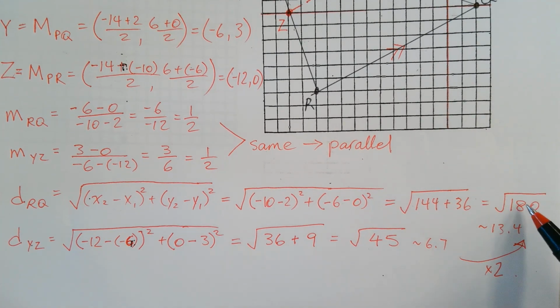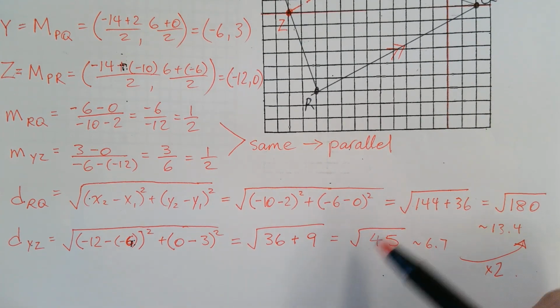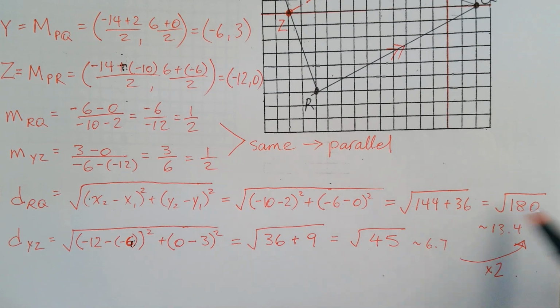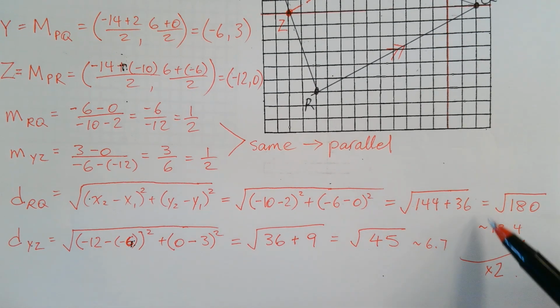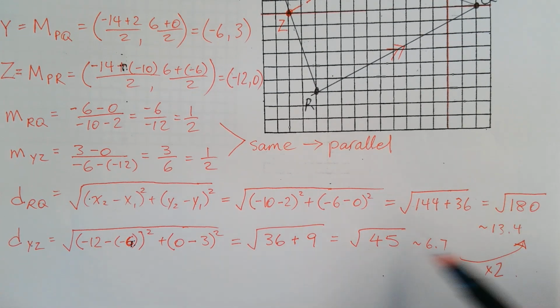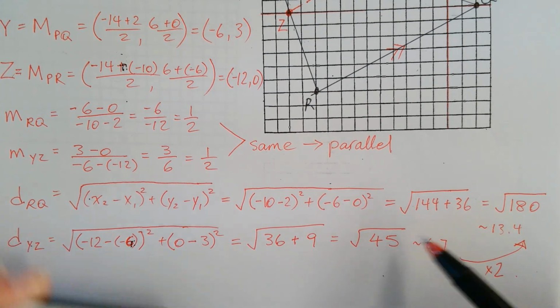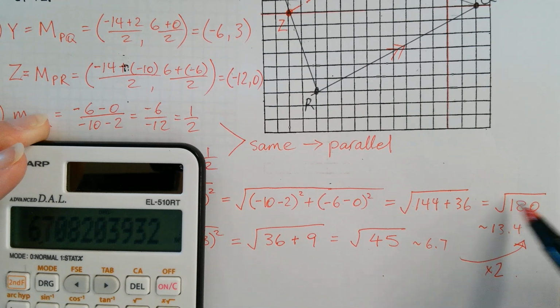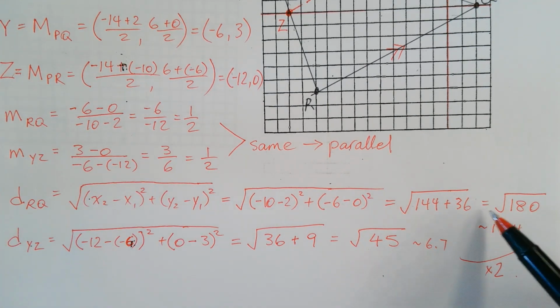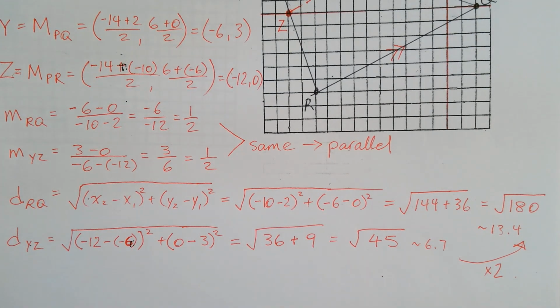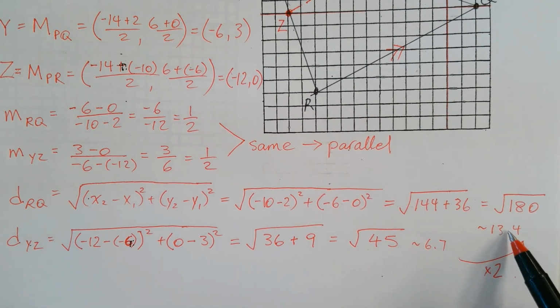Just because you see square root 180 and square root 45, you're thinking, oh, it's not double. It's actually quadruple inside the root, because 45 times 4 gives you 180. It's because of the square root, so that's why. So if you're not sure, just change it to a decimal, and then you can see it more clearly.